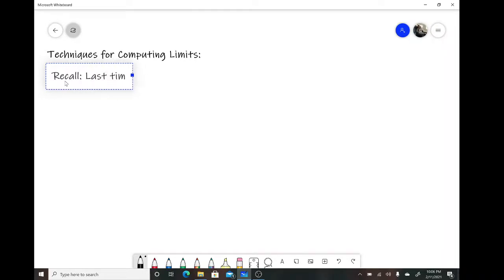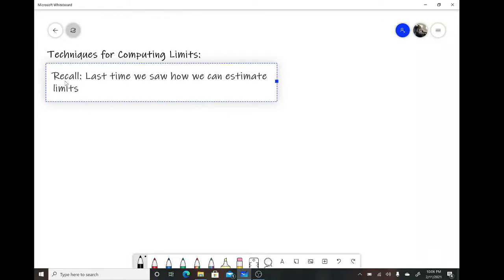Last time we saw how we can estimate limits graphically or numerically, as we did last time.